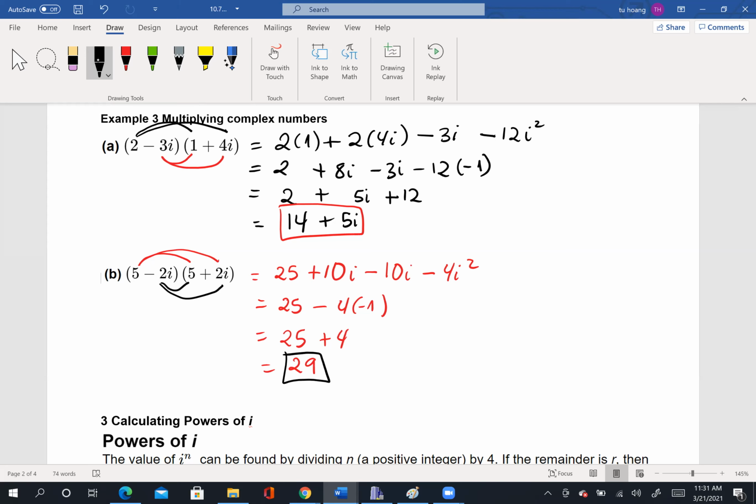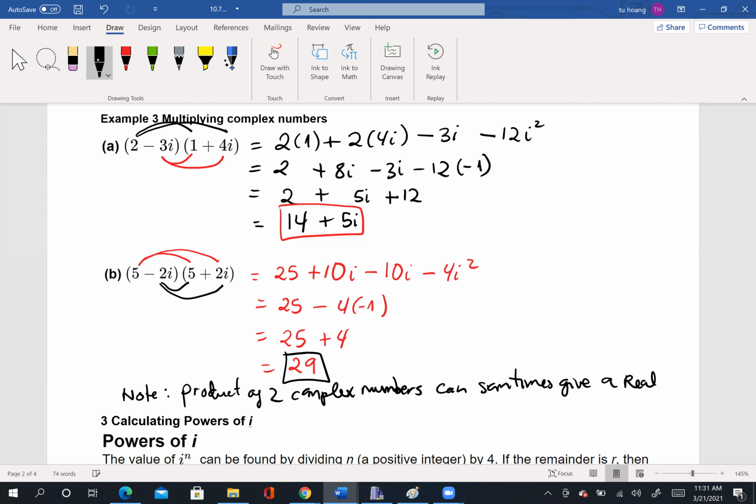So notice that multiplying complex numbers... note that the product of two complex numbers can sometimes give a real number.